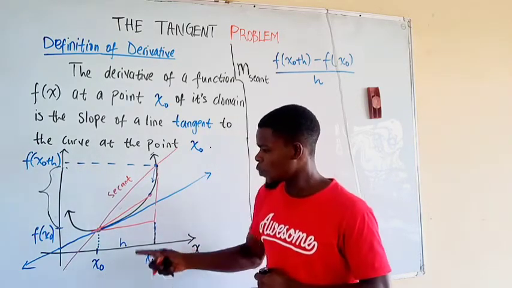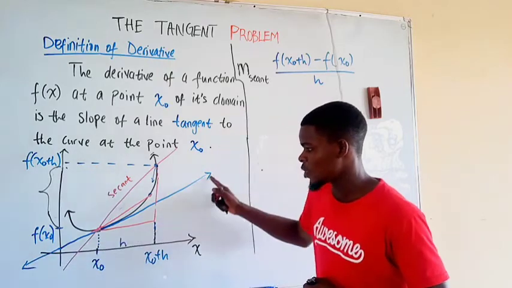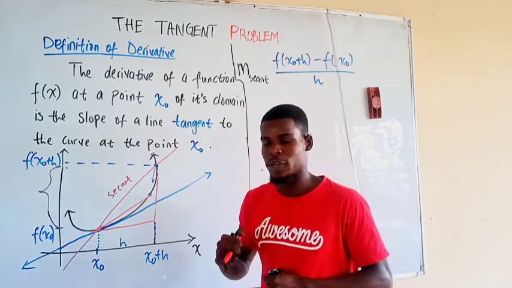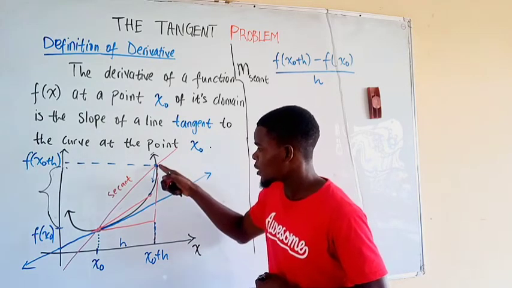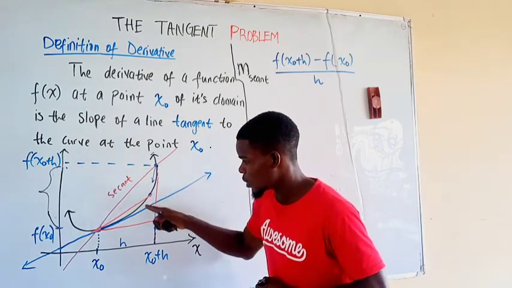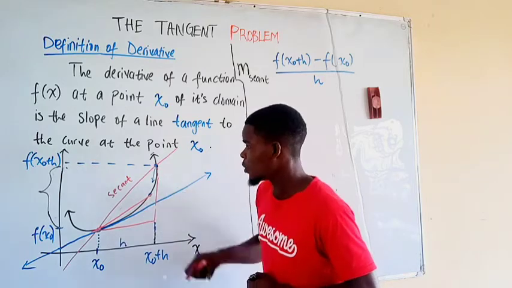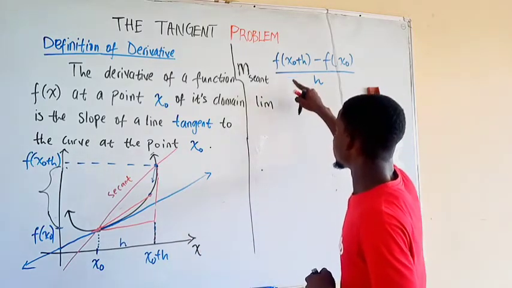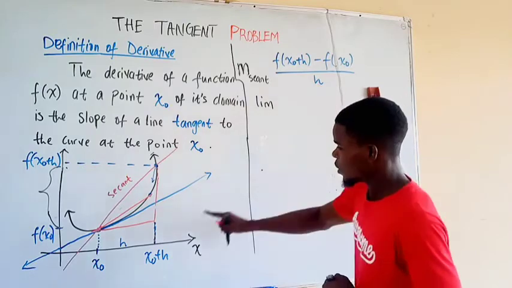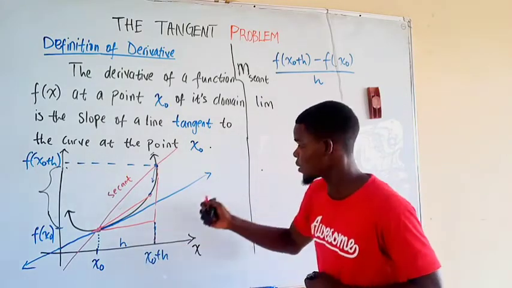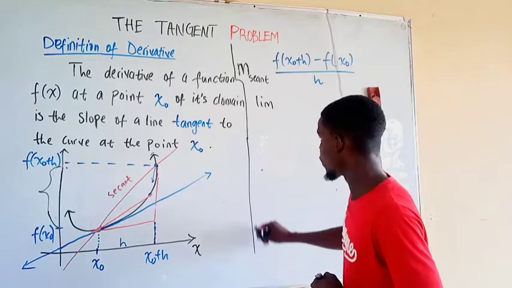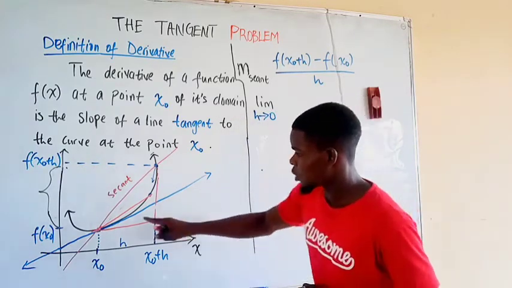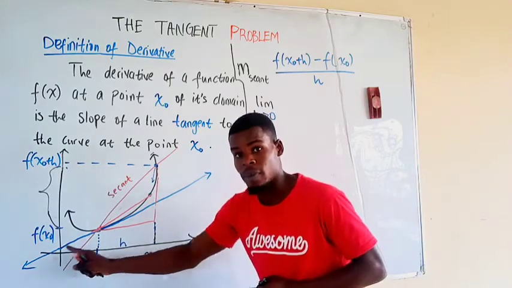So to figure out what the slope of the tangent will be, we will be taking the limit. This is the language they brought in. The limit as the coordinate here gets closer and closer to this particular point. So we'll be talking about the limit as this horizontal distance gets closer and closer to 0. When it does, the slope of the secant line will become the slope of the tangent line.